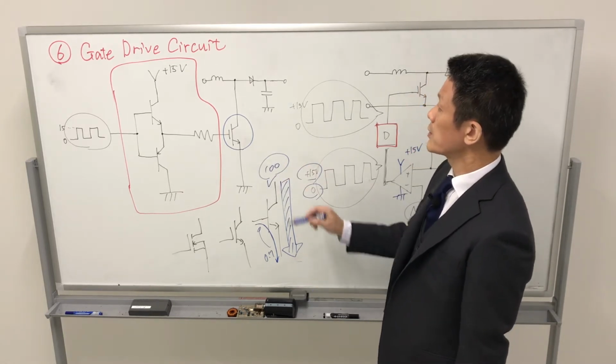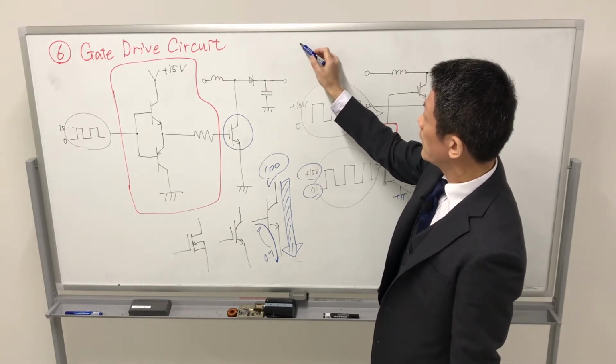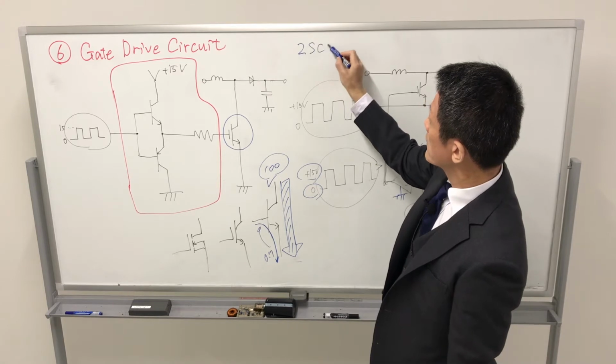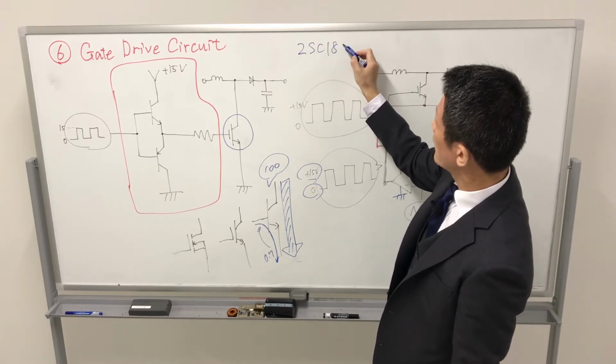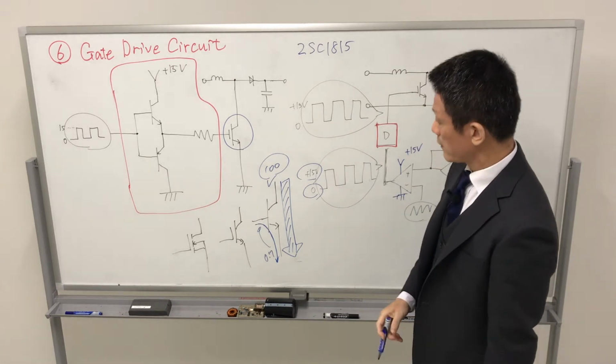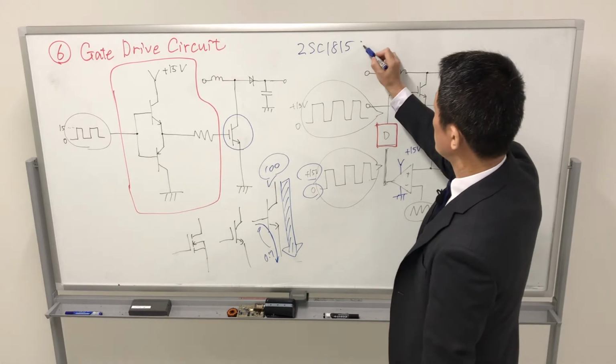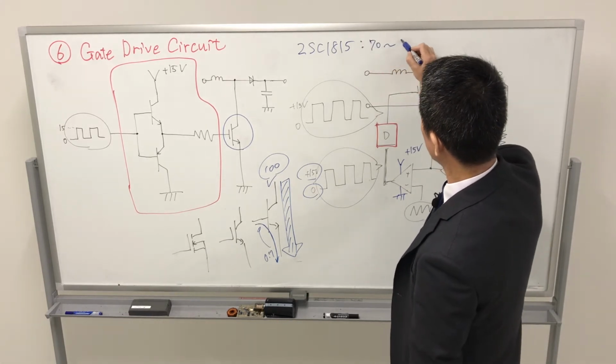For example, for Toshiba's 2SC185, the current amplification is around 17.